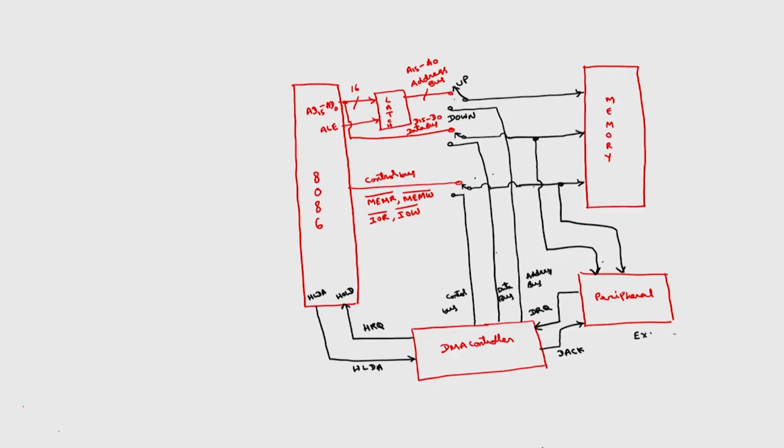Okay. Now, what is the step by step procedure to transfer the data directly from a peripheral such as a hard disk to memory? I want to directly transfer the data from peripheral to memory, but this will happen through the DMA controller.